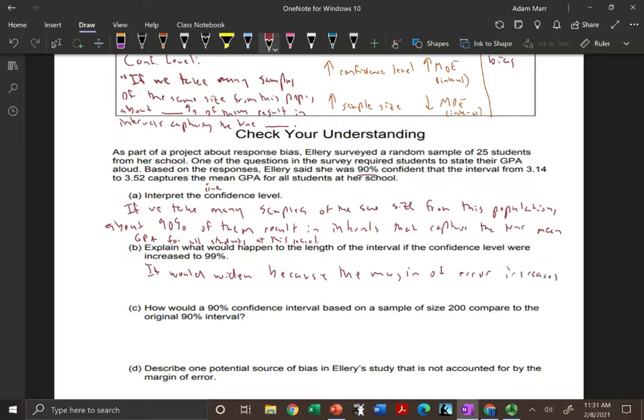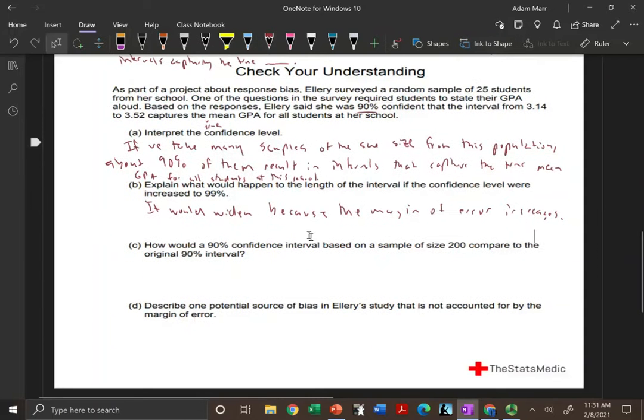Just remember in your head, if we are more and more confident that this interval is going to capture the true mean, then we have to widen that interval out to make sure that it actually hits the true mean.